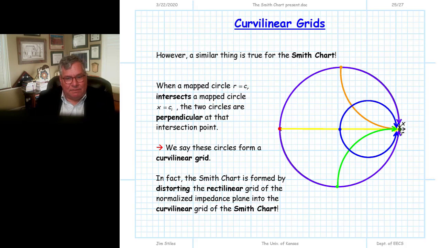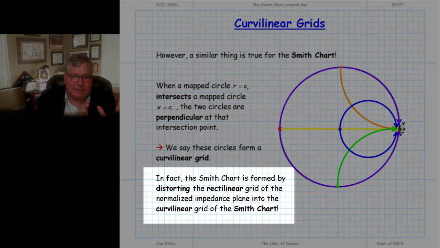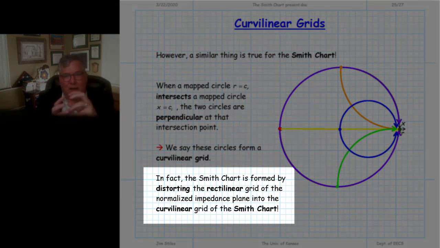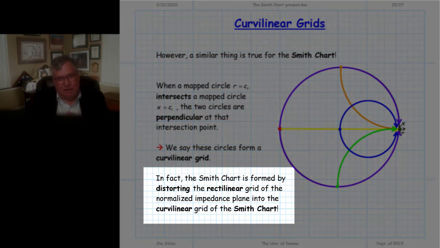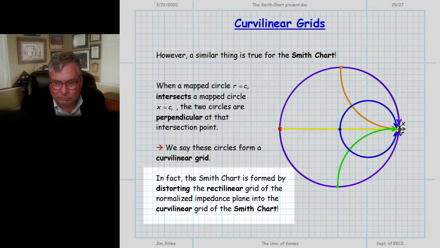And so what we have is a curvilinear grid on the Smith chart. We transform or map the Cartesian grid of the complex impedance plane onto a curvilinear grid on the complex gamma plane, and that is the Smith chart.